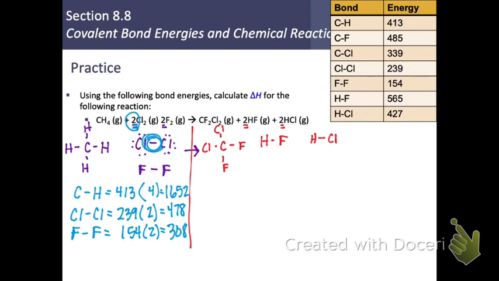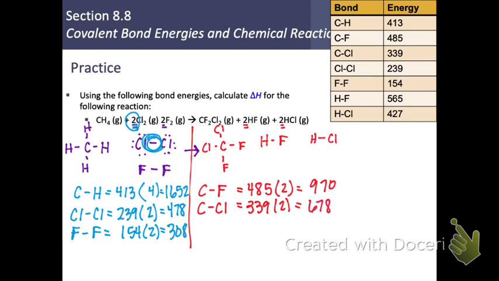On my products side, we have carbon to fluorine bonds, and they are 485. How many of those do I have? 2. So 485 times 2. Then I've got carbon to chlorine, which is 339.